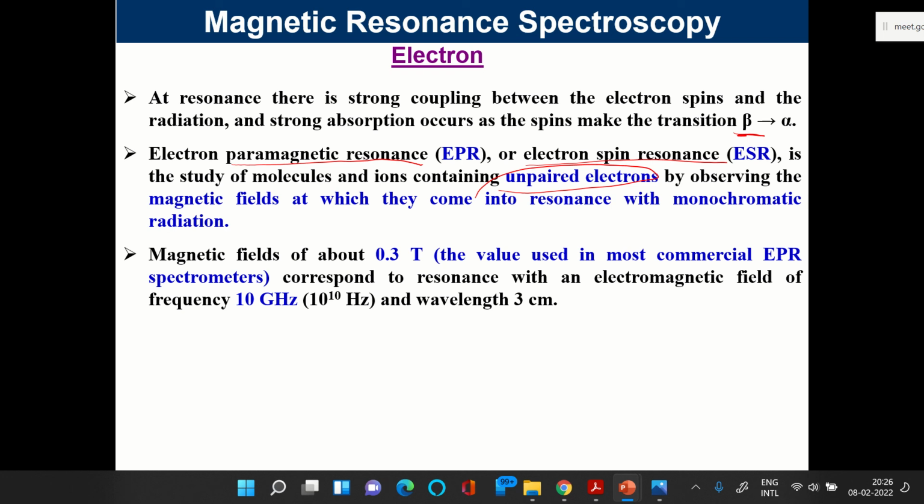A magnetic field of about 0.3 Tesla, a very low magnetic field, is required.